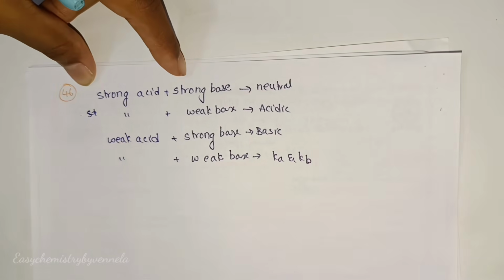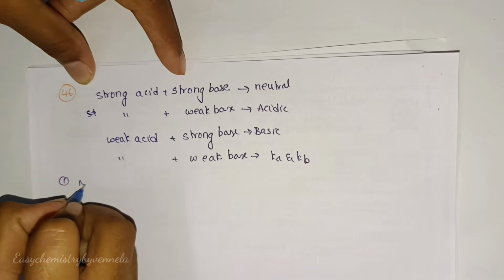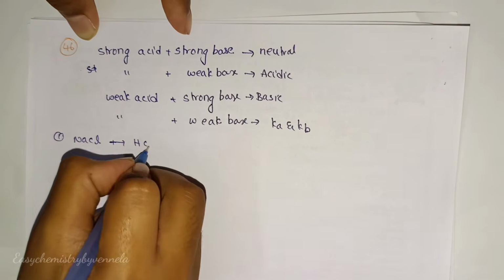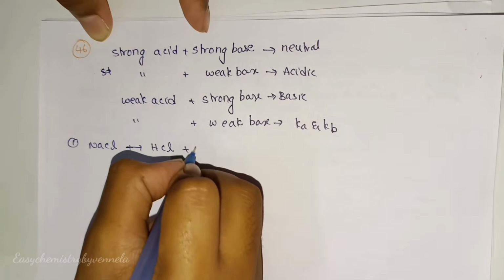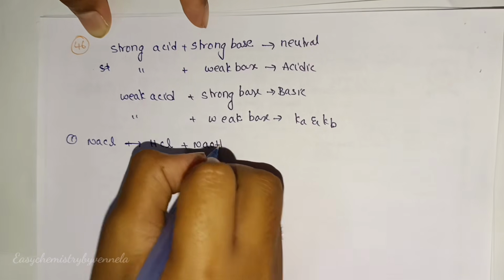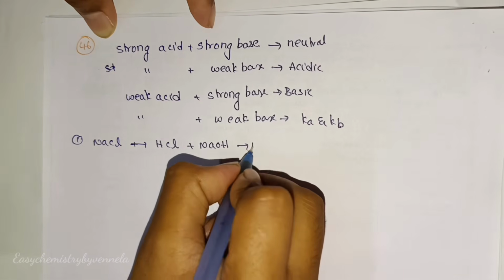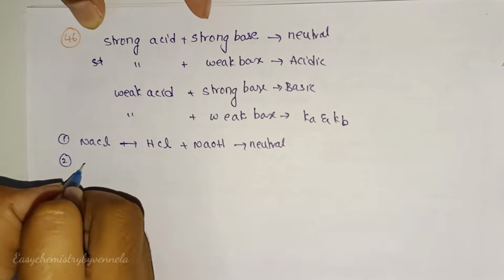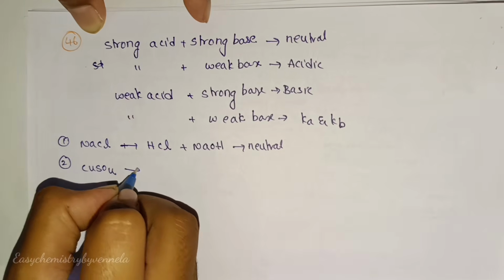So, in the given options, the first one is NaCl. NaCl is from HCl, which is a strong acid, and NaOH, which is a strong base. So, it is neutral. Second option, CuSO4.